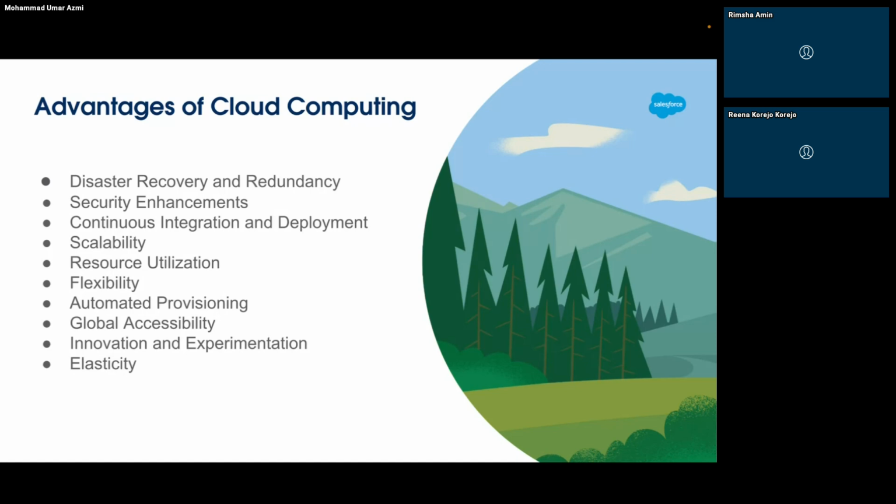Okay. Then with cloud computing, we have a lot of security enhancement in place. These providers use encryption, access controls, and a lot of authentication mechanisms, two-factor authentication, multi-factor authentication, so that whatever data is stored of our customers is safe. Also, with cloud computing, we have CI/CD, continuous integration and deployment.